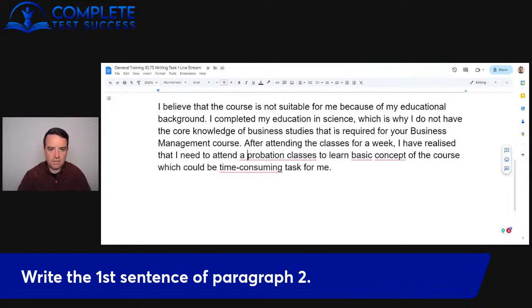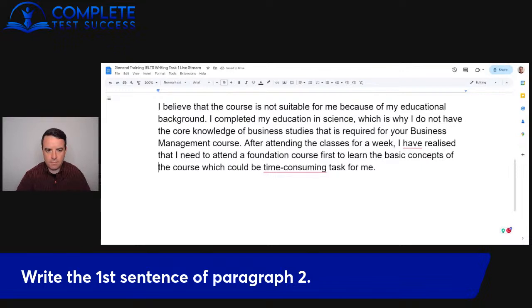I need to attend a foundation course first to learn the basic concepts of business, and which could be time-consuming task for me.